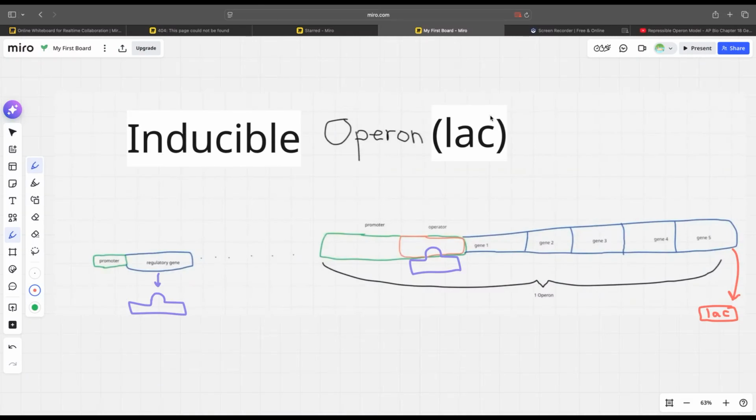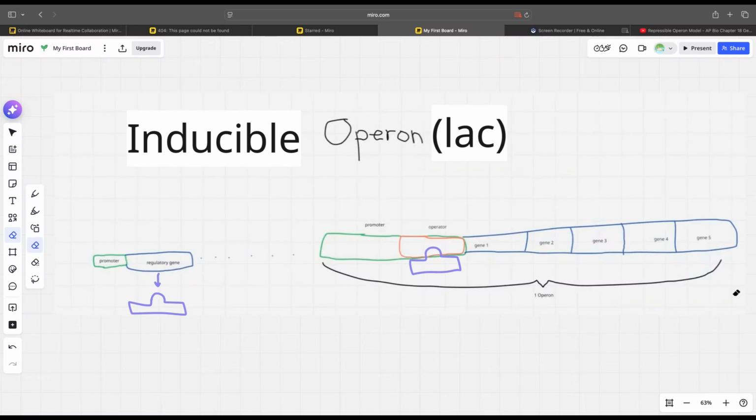So in this model, it functions very similarly to the repressible model, except everything is basically in reverse. An example of the inducible operon model is the LAC, standing for lactose, model. And that's what we're going to be going over real quick. Unlike the repressible operon, this one is almost always off.